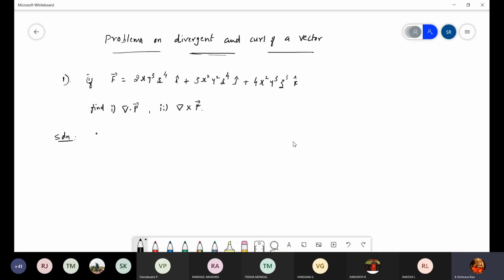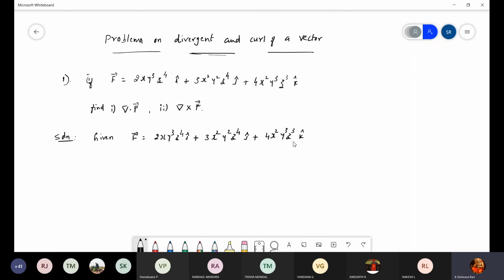First, consider the vector given: f equals 2xy cube z power 4 i cap plus 3x square y square z power 4 j cap plus 4x square y cube z cube k cap.